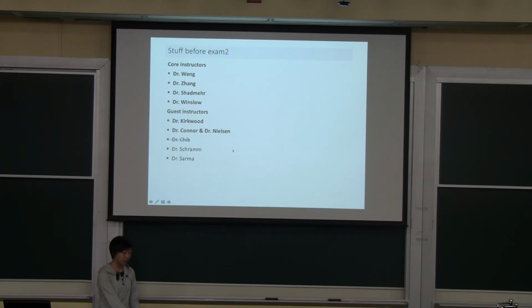For the guest lectures, Dr. Kirkwood and Dr. Connor gave two lectures, I guess. Chip will not be on the exam. Maybe fMRI, I'm not sure, but the neuroeconomics part will definitely not be on the exam. For Shadlen and Sarma, just get some basic big ideas from their lectures.